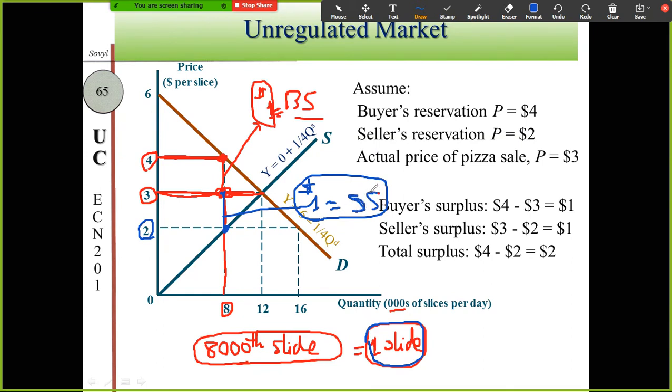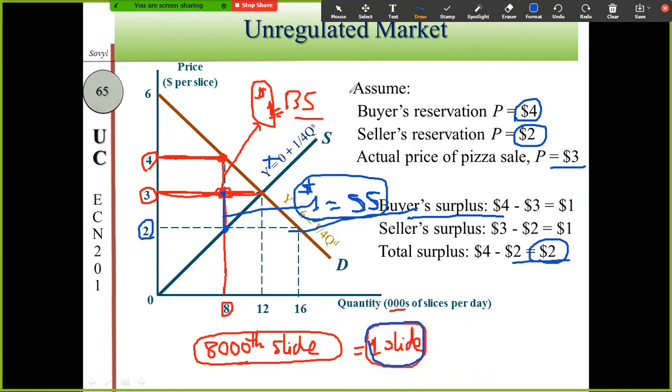What is the total surplus? Total surplus is $2. The buyer surplus is 4 minus 3, which is 1. The seller surplus is 3 minus 2, which is 1. So total surplus is $2. Or you can find it another way: the buyer wishes to pay 4, but the seller wishes to receive 2, so total surplus is 2.